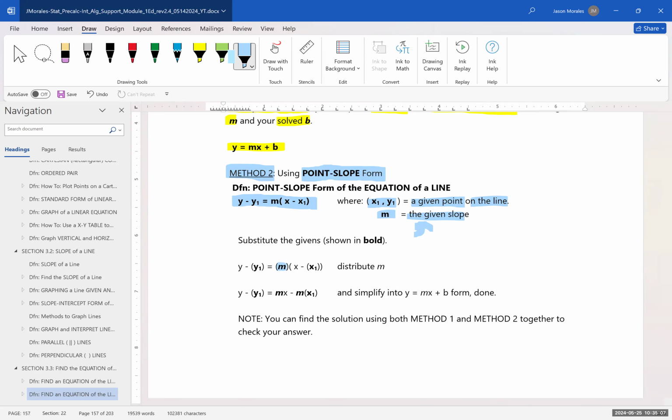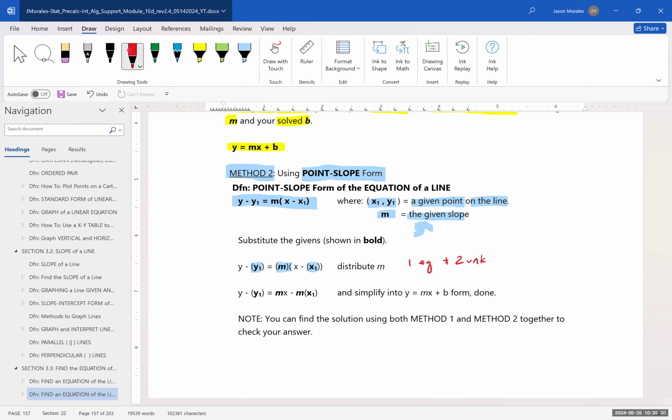We are given the slope, so we can put that in. We're given a point, so we have x1 and y1. Now the unknowns you have are x and y. You might be thinking, doesn't this cause a problem? Because now we have one equation and two unknowns.